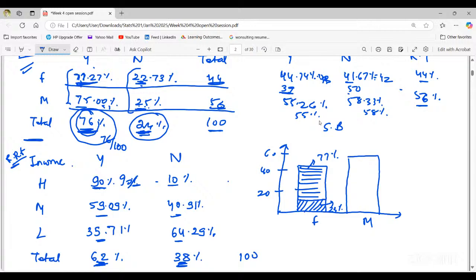So this is actually a stack bar chart. Getting my point? Similarly, in males, the percentage who are owning a smartphone is like 75%, correct? So this is basically 75%. And the chart name is stack bar chart. Okay.